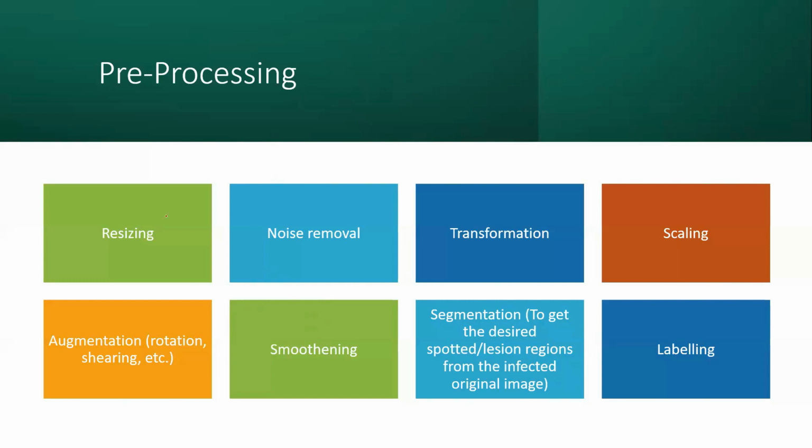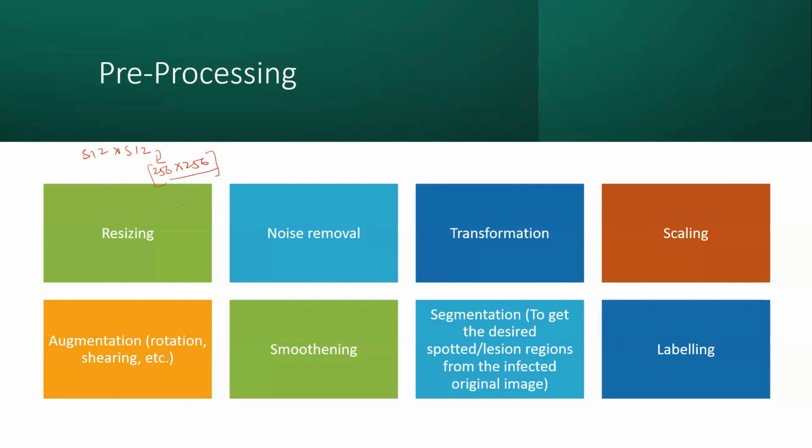So we have resizing. If dimensions are very high, like 512 by 512 pixels, you can reduce it to 256 by 256 in case your system is not very capable and you are not using high-end GPUs. That will also serve the purpose, not to too much extent, but for understanding and learning purposes.